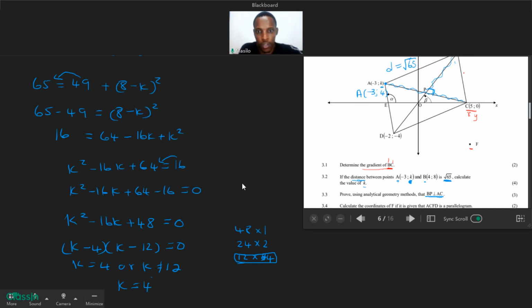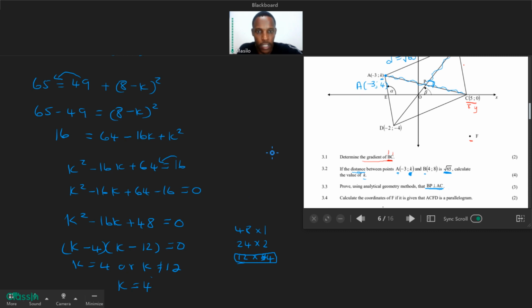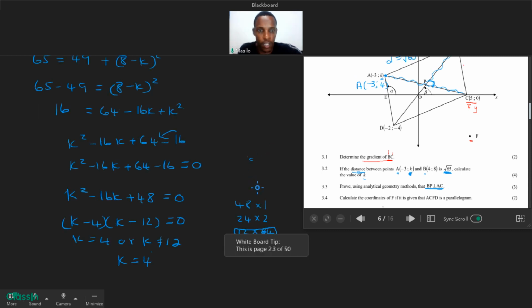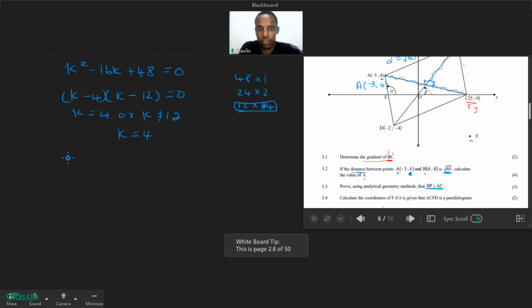So it means that here, on number 3, we are looking for the gradient of PB that must multiply the gradient of AC. The answer must be -1.